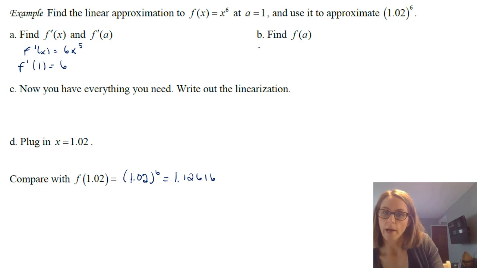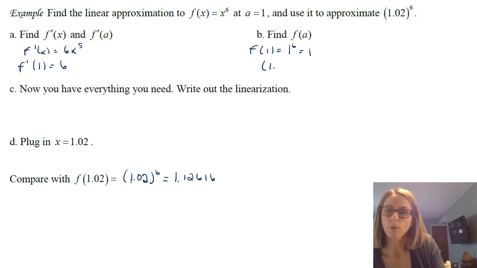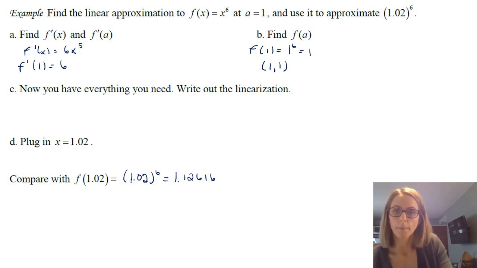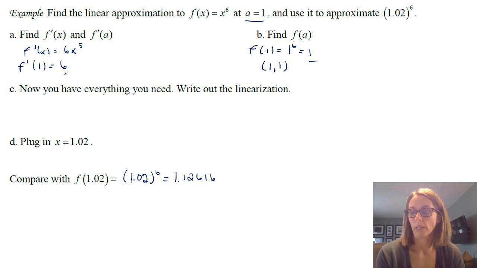We also need to find f of a, which is just f of 1. That tells us we have our point (1, 1), because a is 1 and f of 1 is 1. And we also have our derivative at 1, which is 6. So we really have everything we need at this point to create the linearization.